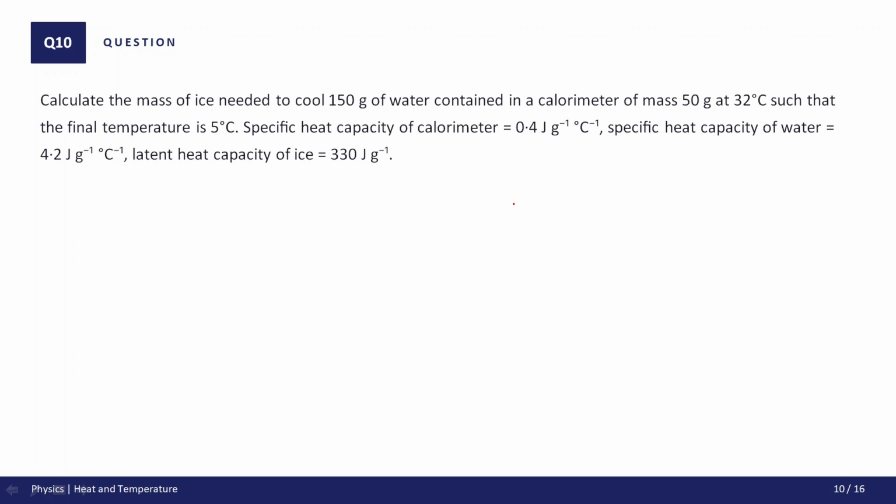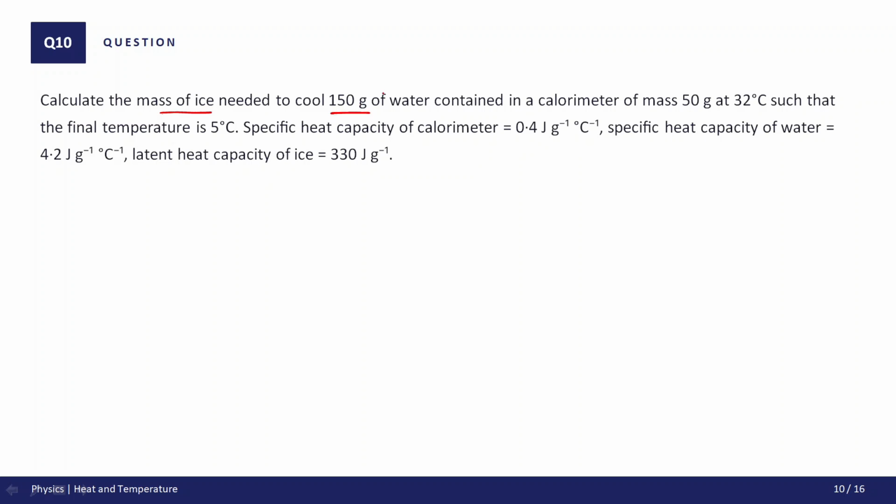Specific heat capacity of calorimeter 0.4 joule by gram Kelvin. Specific heat capacity of water 4.2 joule by gram degree Celsius. Latent heat of ice 330 joule by gram. So here in this one we have to find the mass of ice.